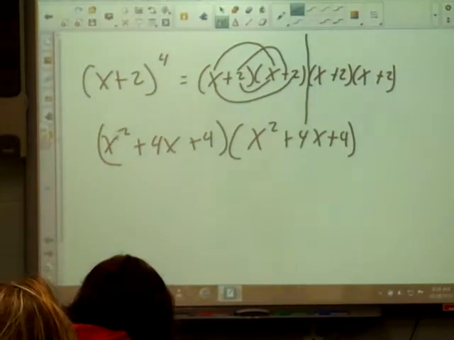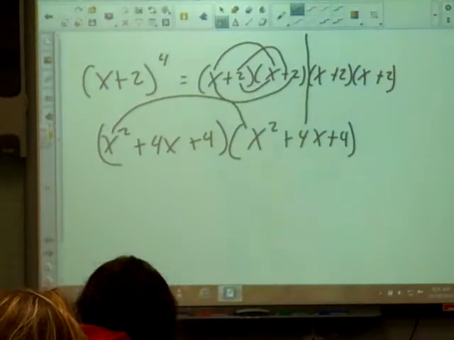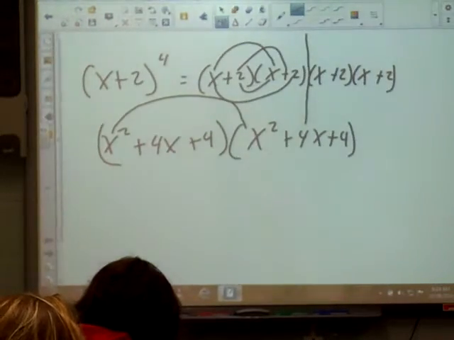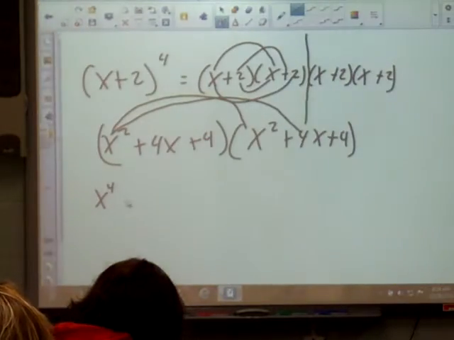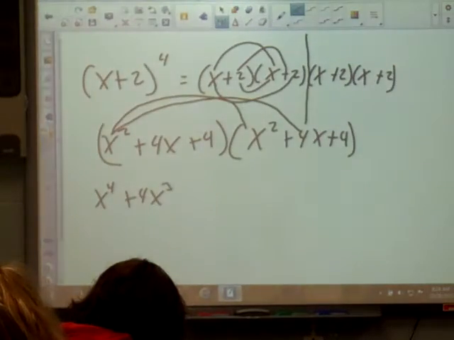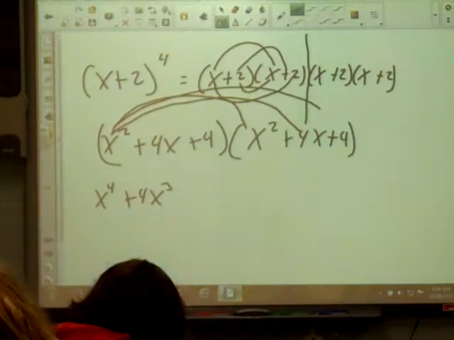Okay, you ready? X squared times x squared, x to the 4th, x squared times 4x, 4x cubed, and x squared times 4, 4x squared. Come on, that's not rocket science. Okay, we're done with that first x squared.